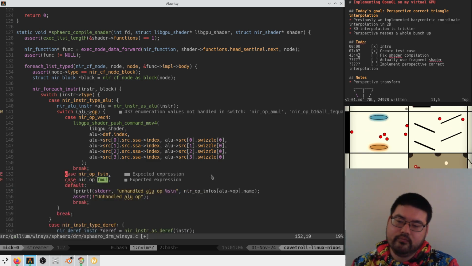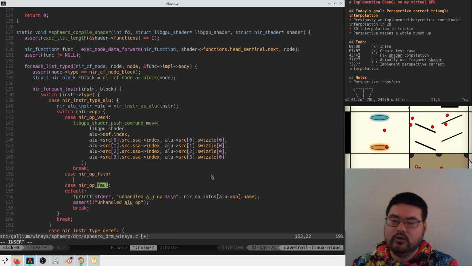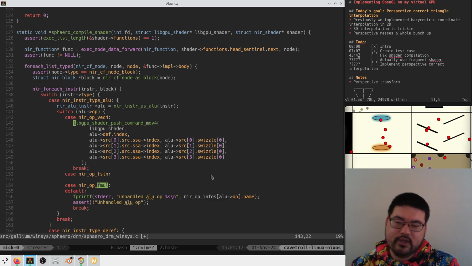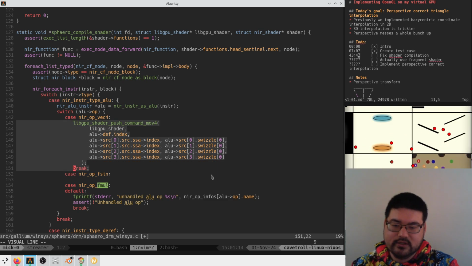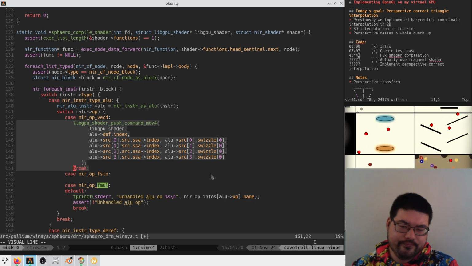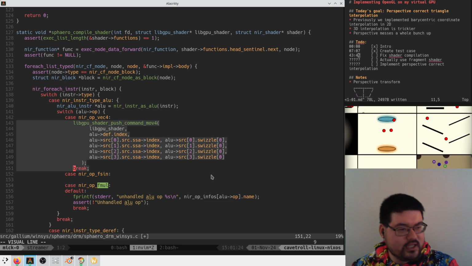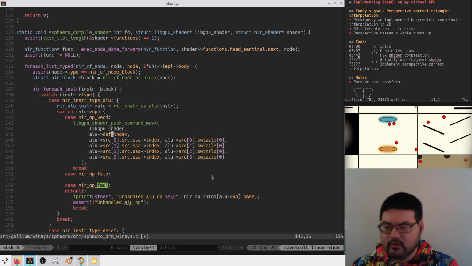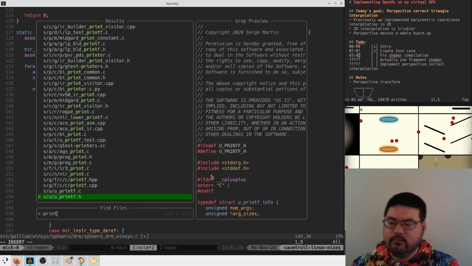So presumably we're gonna do something similar to this where we push a command, and we're gonna have to take in some arguments to that command that we're gonna have to figure out where they come from. So maybe we look at the NIR print again.